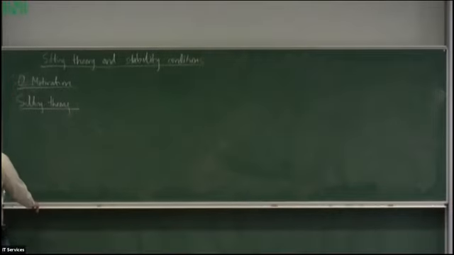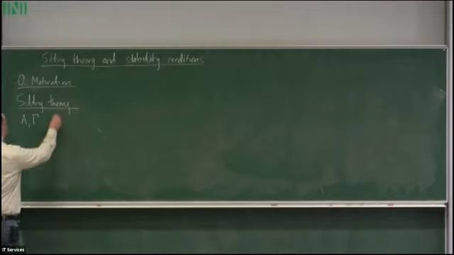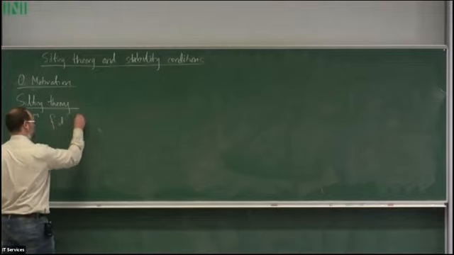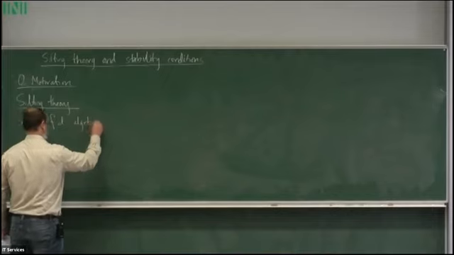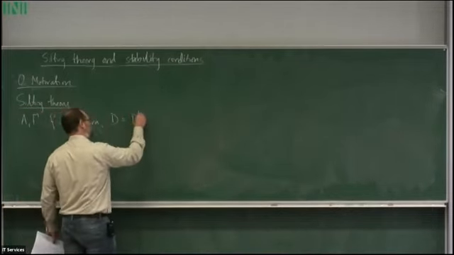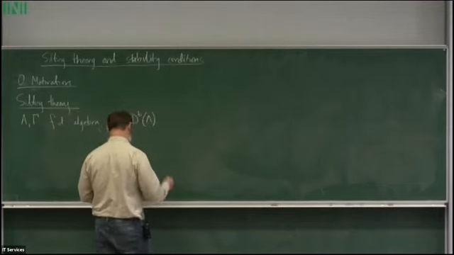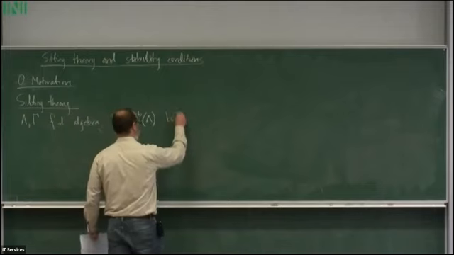I'm considering two finite dimensional algebras. I'm going to set D to be the bounded derived category of the algebra, usually throughout. So this is the bounded derived category.